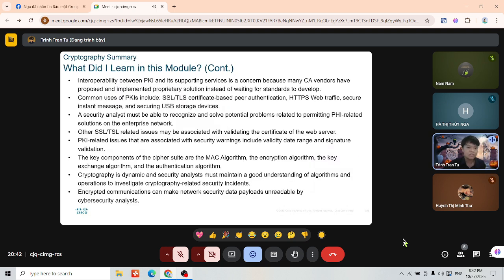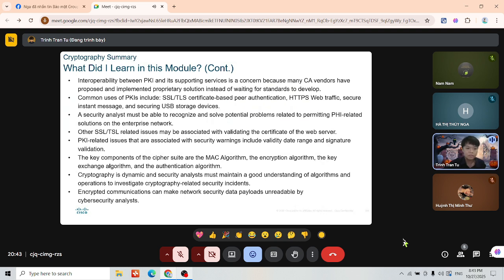Number three, what did I learn? I learned about PKI's interoperability challenges among different systems, yet its widespread applications: SSL, TLS, VPN, secure email, encrypted USBs. Common issues include expired certificates or invalid signatures.